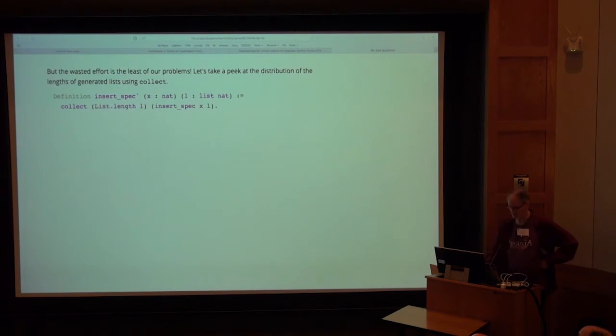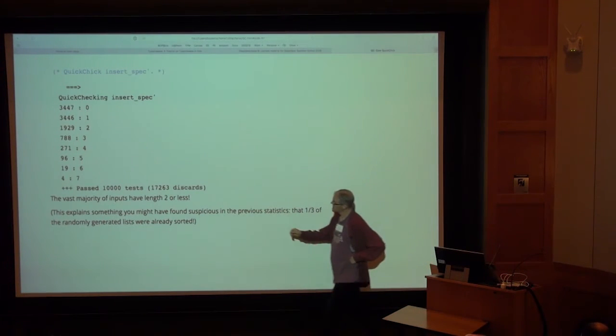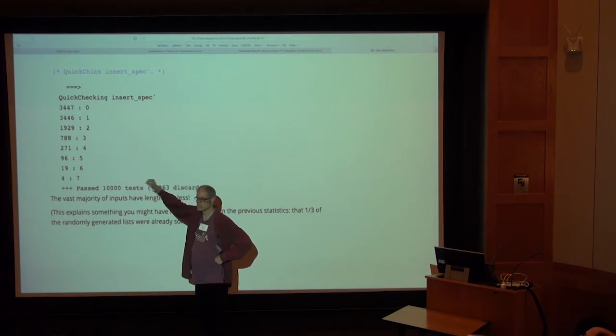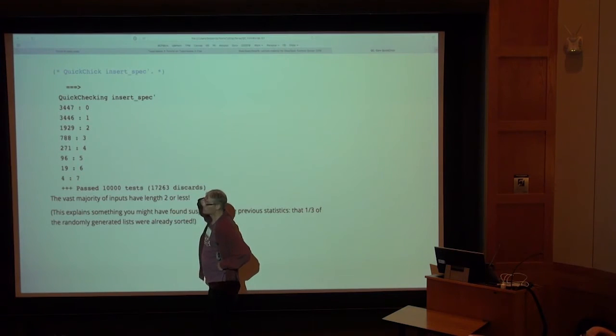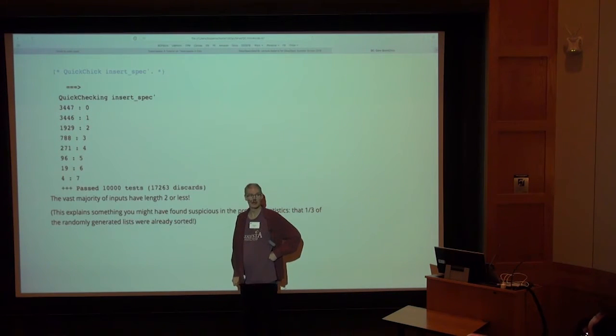So let's find out what's wrong. Let's collect some statistics on this testing that we've just been doing. So we're still passing 10,000 tests and throwing away almost 20,000, and we also get some statistics printed. And now it's clear why this is happening, because the vast majority of the inputs are really small.